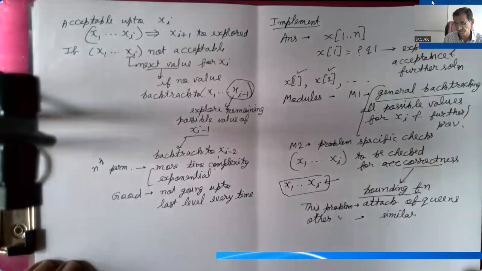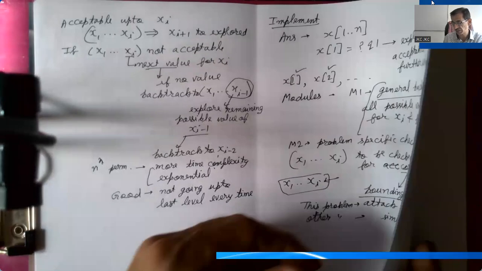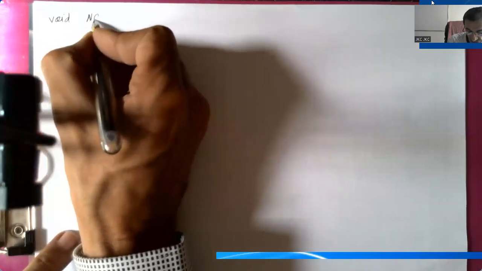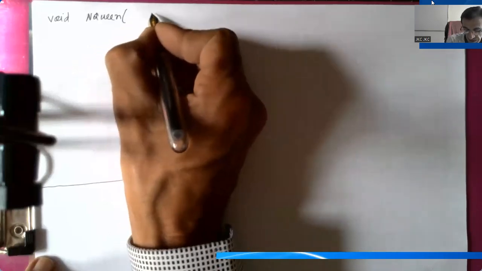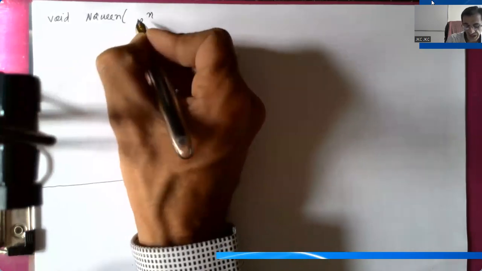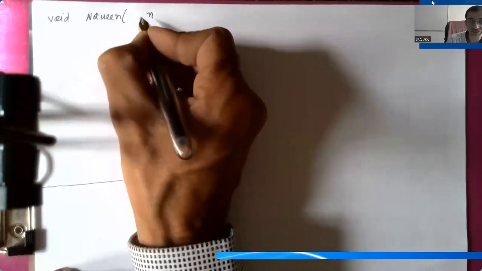Otherwise, backtrack. Now knowing this, my coding becomes very simple. What will be the coding? I need one n queen function to be written, which is a general function. And I will need one more function, which will be the bounding logic. So n queen function, how to implement? Of course, n I will definitely need. And as you can smell, it will be a recursive function.